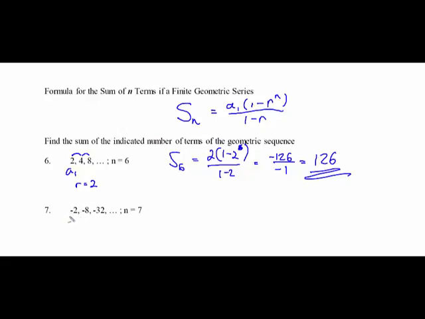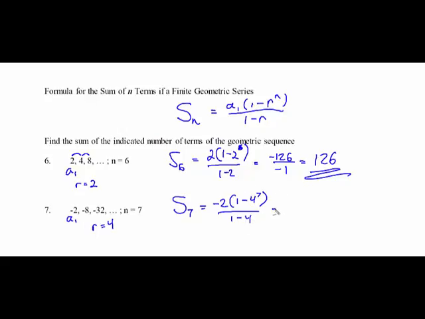In this case, we have our a sub 1 as negative 2, and our ratio is going to be 4, because negative 8 divided by negative 2 is 4, and negative 32 divided by negative 8 is 4. So to find the sum of the first 7 terms, we start with our a sub 1 and go 1 minus the ratio, 4, raised to the 7th power, divided by 1 minus 4.